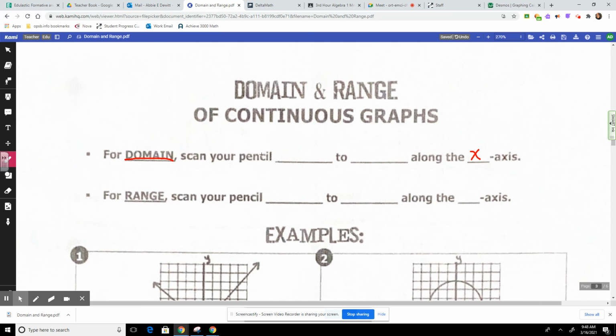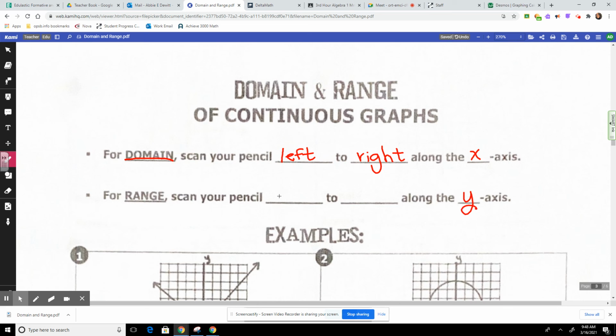And we're going to scan our pencil from blank to blank. My x-axis was my horizontal axis, so we're going to scan from left to right for our domain, for our x values. And the range is my y values along the y-axis.